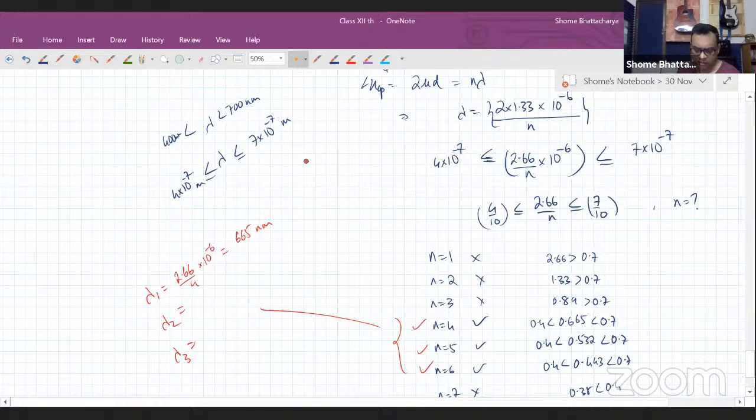Okay. Then 2.66 divided by 5. That will give us 532 nanometers. So these are the strongly transmitted wavelengths. Then this will give us 443 nanometers. So these are the transmitted ones.